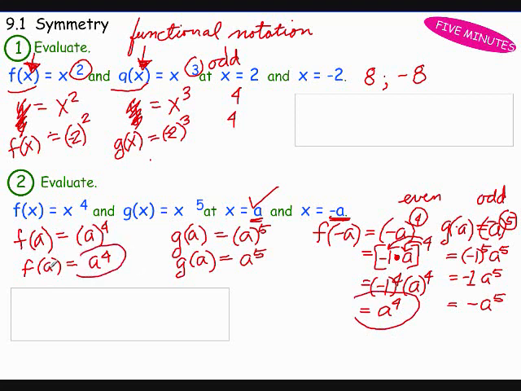Whether I put in a positive or a negative with an even function, it came out the same. With an odd exponent, look what happened. If I put in a positive a, I got a positive a to the 5th. But if I put in a negative a, my output was changed. Now it was negative a to the 5th. I hope you actually stayed with me on this, because this will help you along. It did take more time than I expected, though. I'm sorry about that.